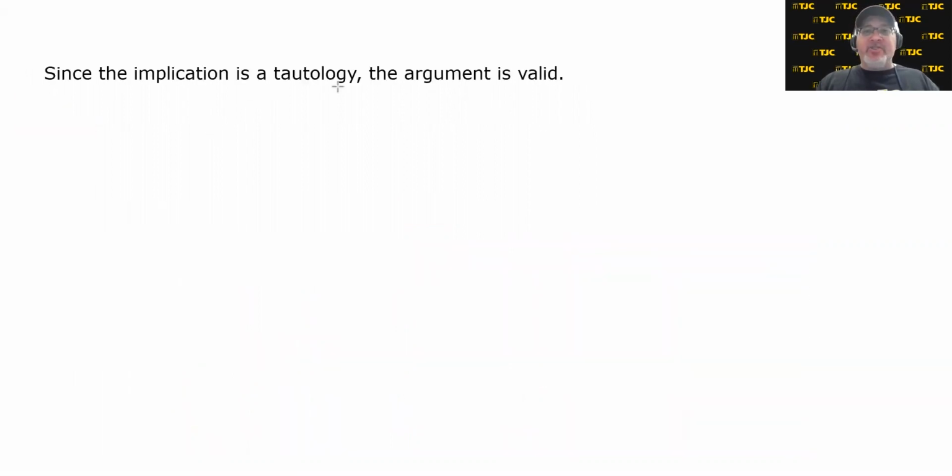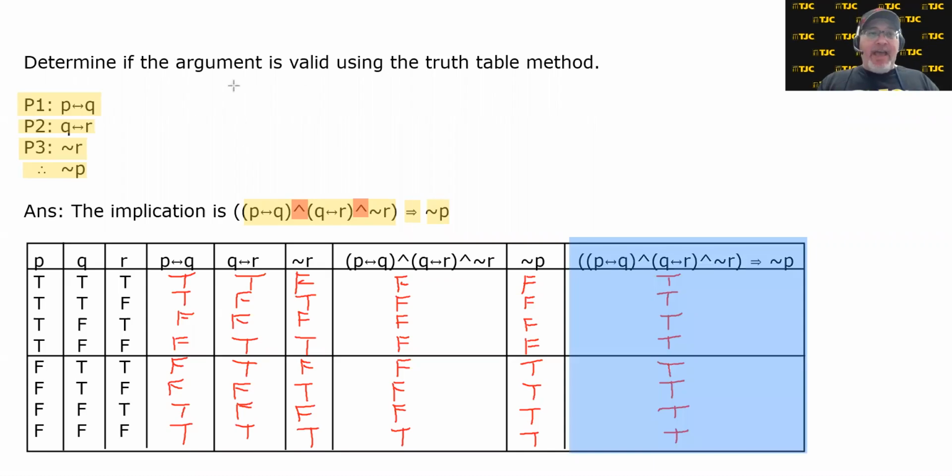Since the implication is a tautology, the argument is valid, which means if you had 3 statements that symbolically translated to these 3 premises and a conclusion that translated symbolically to that, that conclusion is valid. I can't remember the exact example I used a minute ago.